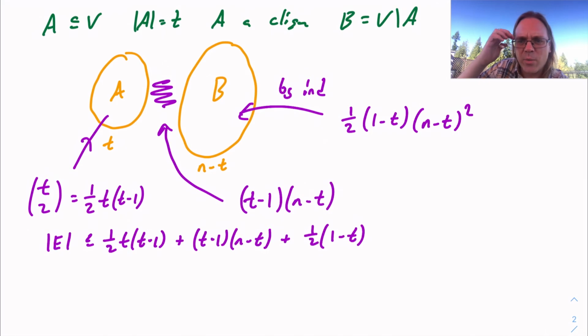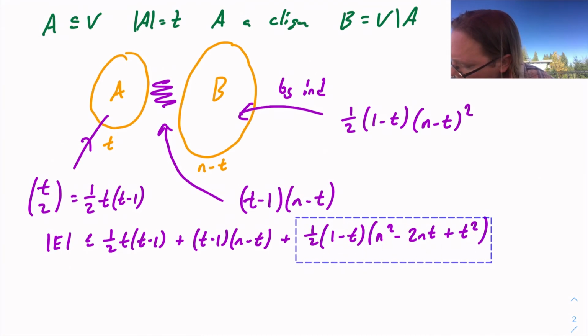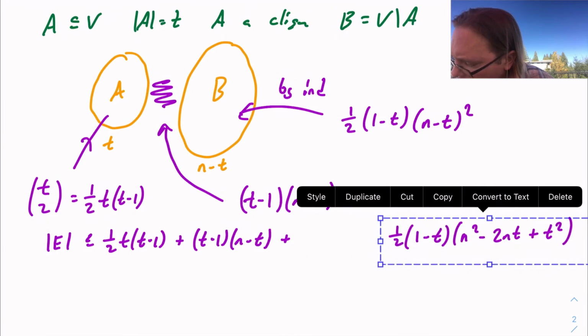minus t squared. Why don't I just go ahead and expand that n minus t squared? So n minus t squared is n squared minus 2nt plus t squared. Okay, now that I see that I can do this, let me be even a little bit more greedy here.